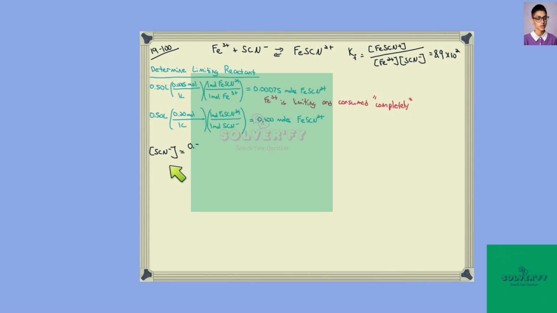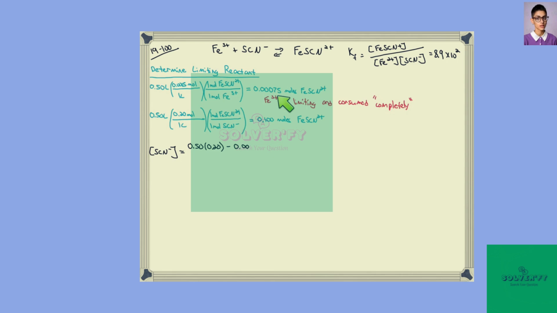The thiocyanate concentration can be determined by figuring out the moles of thiocyanate we started with, 0.5 liters at 0.2 molar, and subtracting off the moles of thiocyanate that are required to make this many moles of product.